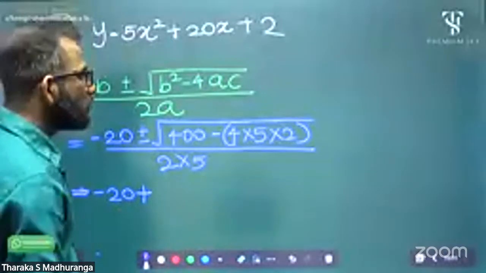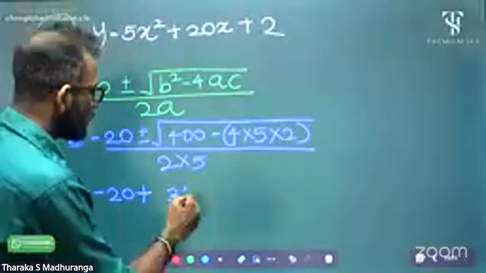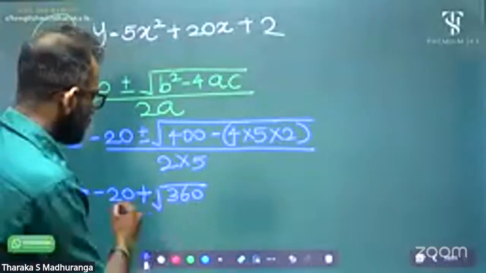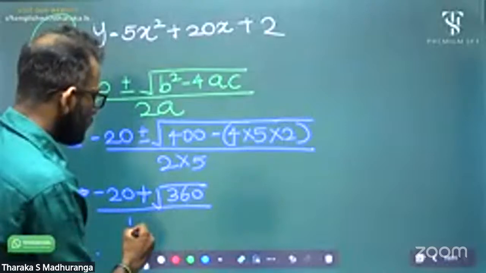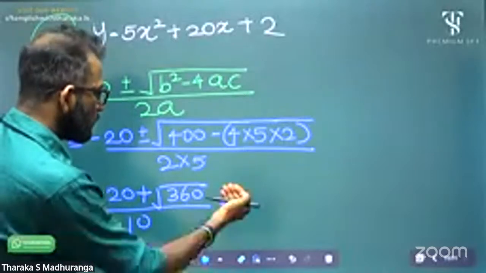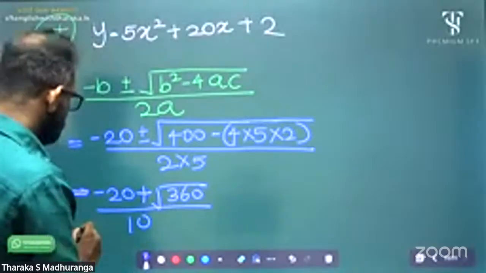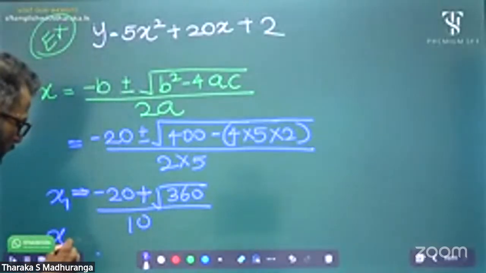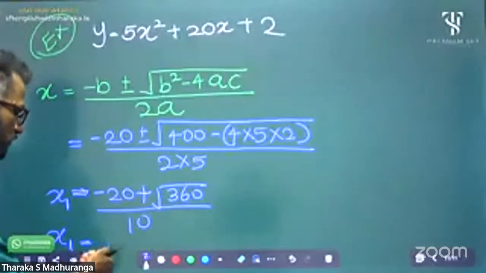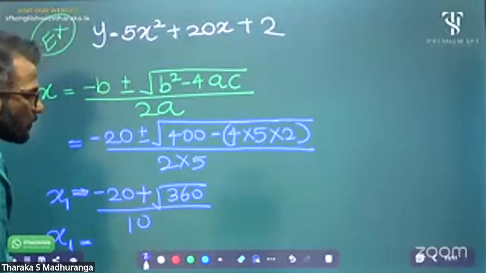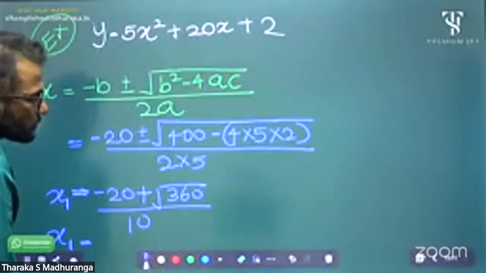What's the value of the square root of 360? The square root of 360 over 10. Now you can calculate the first x-axis cutting point, let's take it as x1. What's the value of x1?